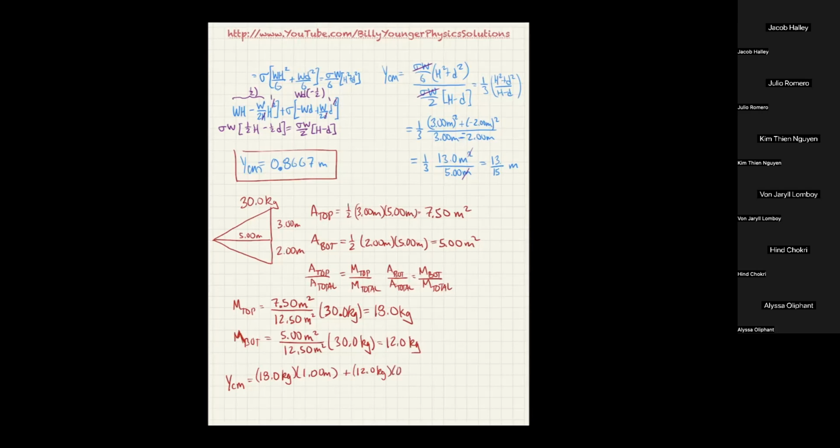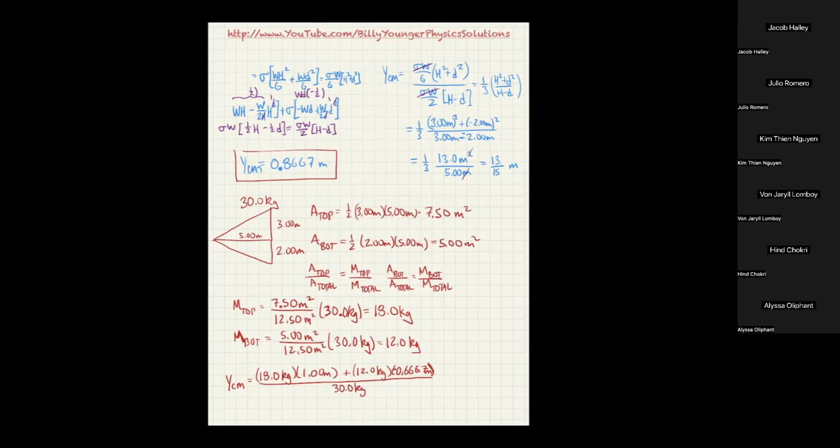So I'm going to say 0.6667, and I've got to put a negative in there because it's actually below the x-axis, and all that should be divided by 30 kilograms.